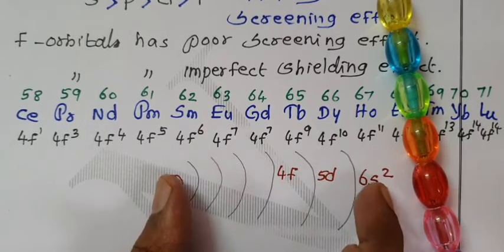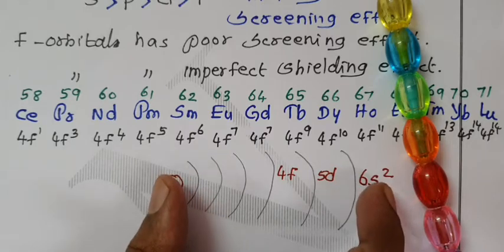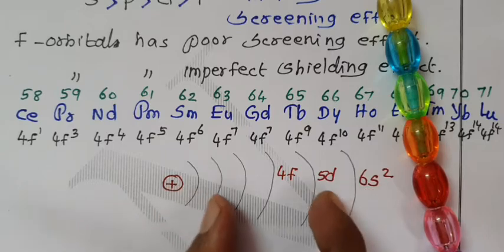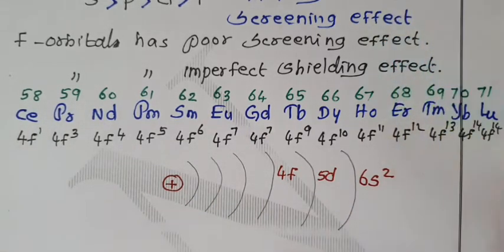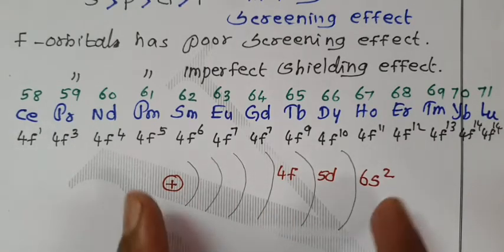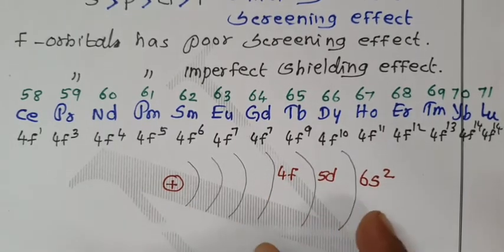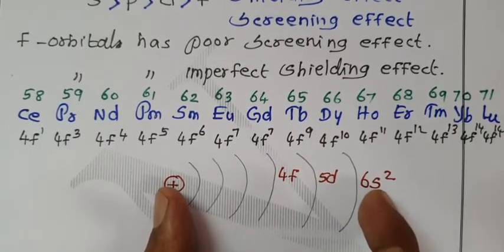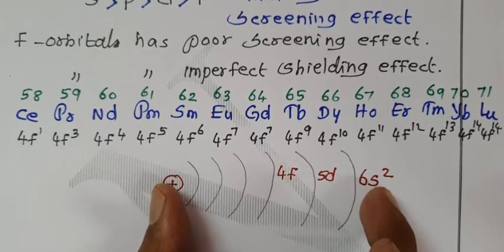Due to this pulling, the atomic radius, atomic size, ionic radii go on decreasing from cerium to lutetium.